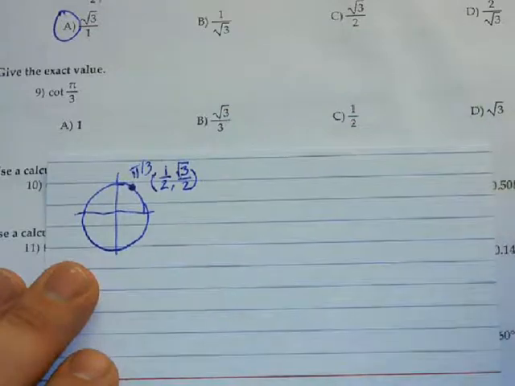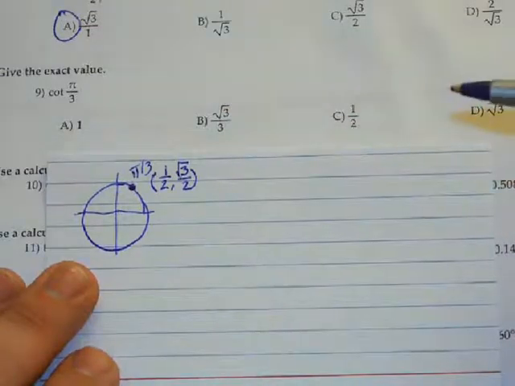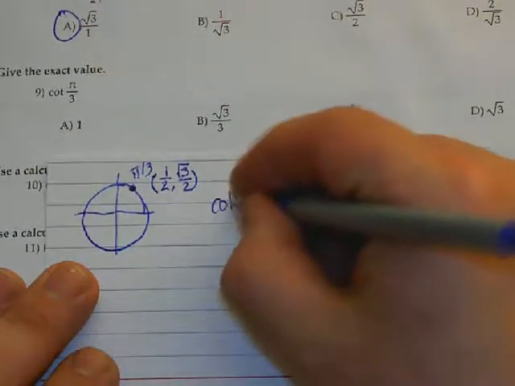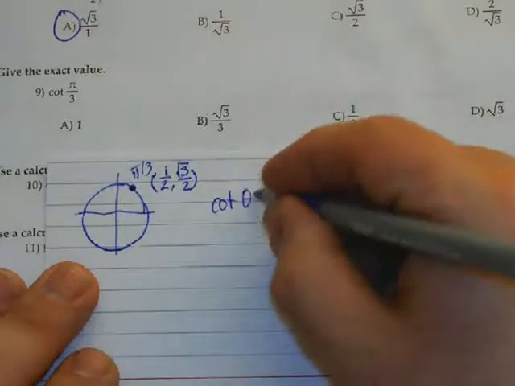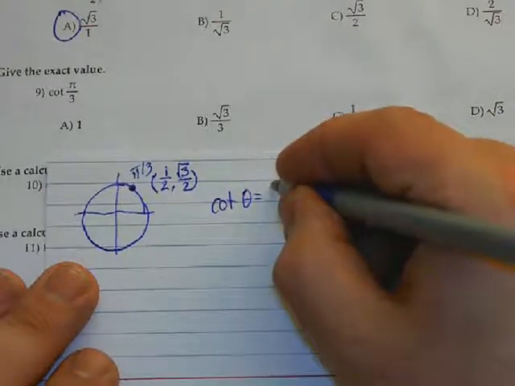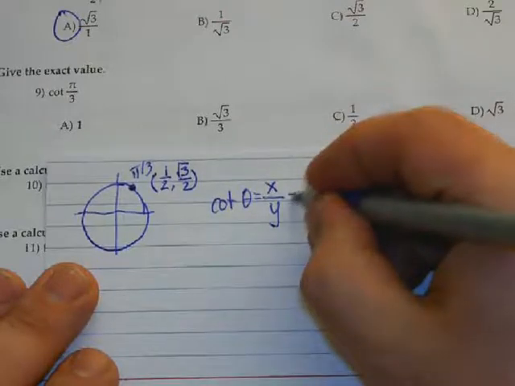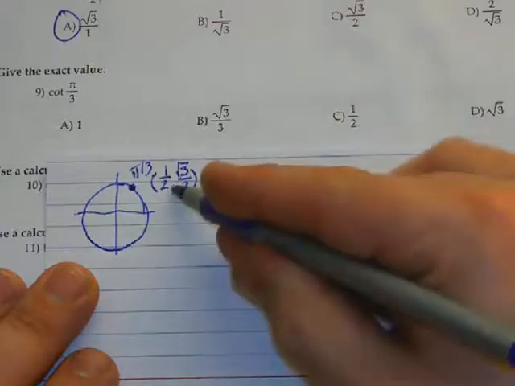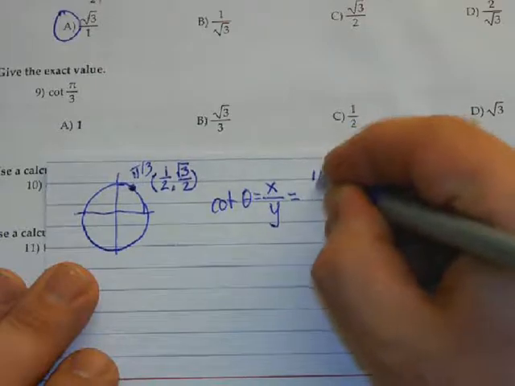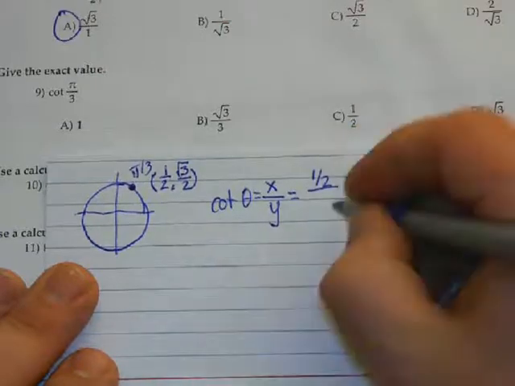We get 1/2 and radical 3 over 2. Cotangent of any angle is x over y. So the x coordinate is 1/2. The y coordinate is radical 3 over 2.